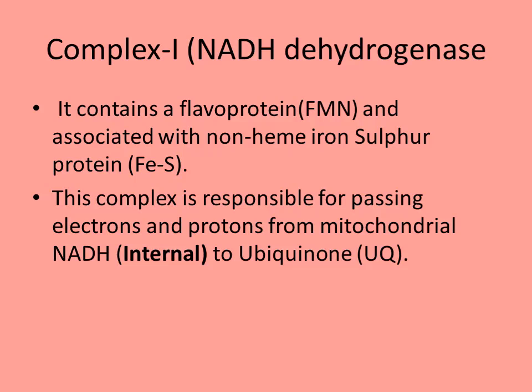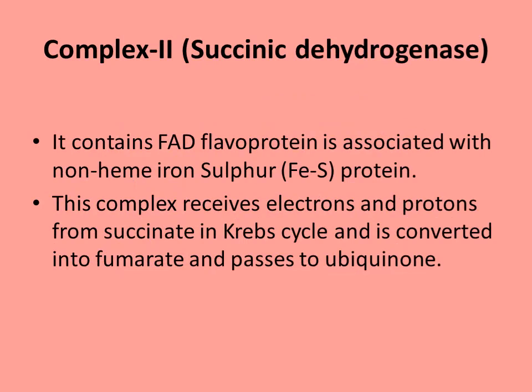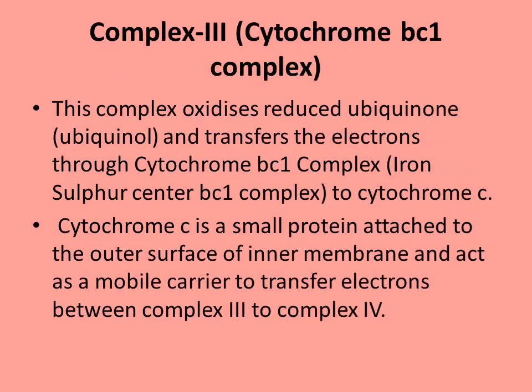Complex 2, இதில் வந்து பார்த்தீங்கன்னா FAD flavoprotein associated with non-heme iron sulfur protein. It receives electrons and protons from succinate in the Krebs cycle, which is converted into fumarate, and passes them to ubiquinone.